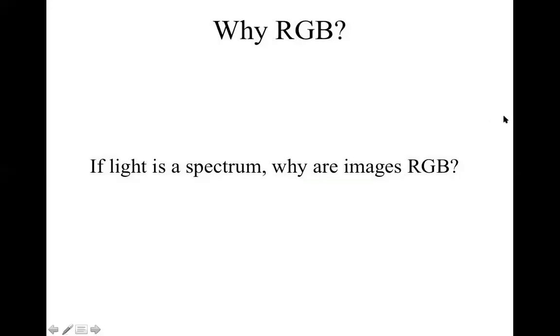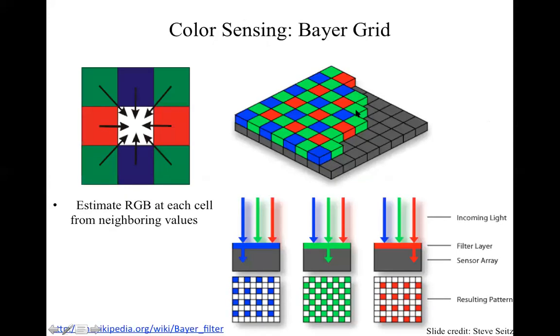Okay, so we do know that light is a spectrum. Now, why are images RGB? Images are RGB because our photoreceptive cells are very sensitive to red, green, and blue. I think you remember these slides from the first or second lecture when we talked about the Bayer filter, which is used to transform the incoming light into values for the red, green, and blue channels.